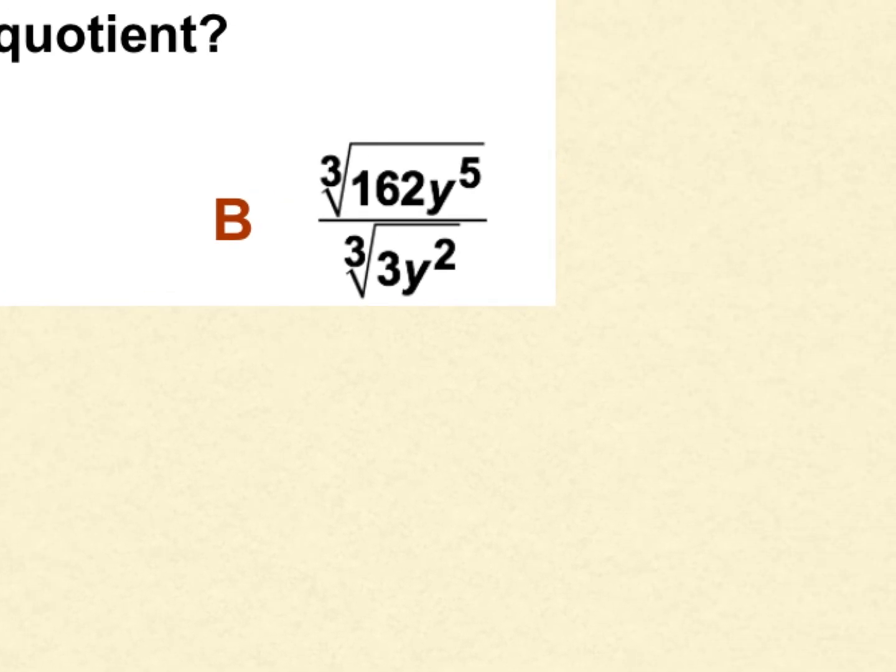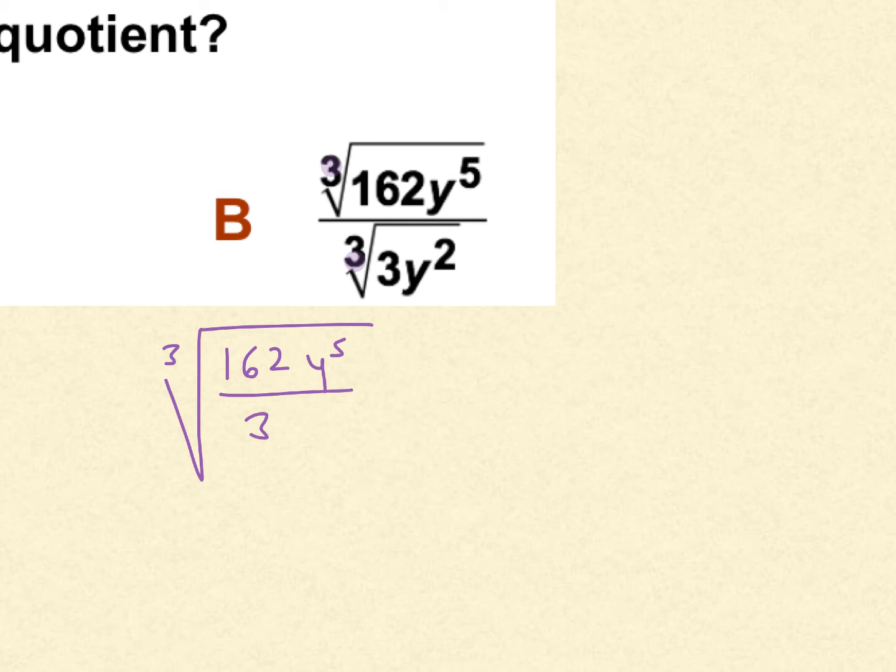Do we have the same radical here? Yeah, we have a cubed root and a cubed root. It has that same index here, same. So we can combine them under the same radical. So we have the cubed root of 162y to the 5th power over 3y squared. Now we want to take it one step at a time.